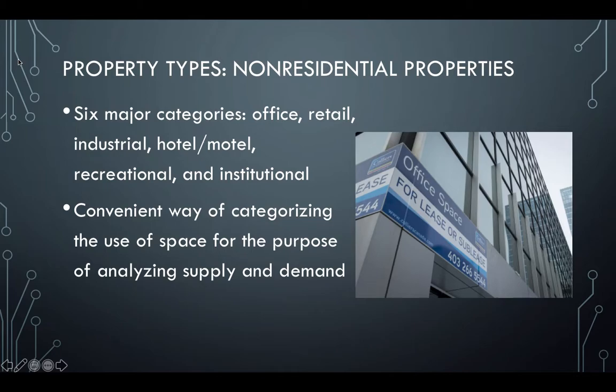So for non-residential properties, there's six major categories: office, retail, industrial, hotel slash motel, recreational, and institutional. A convenient way of categorizing non-residential properties is the use of space for the purpose of analyzing supply and demand.